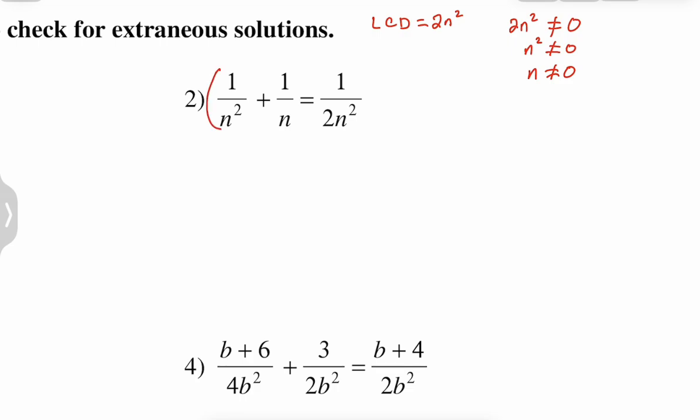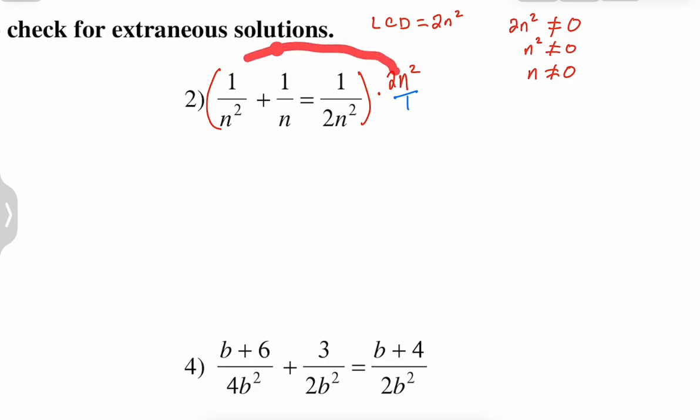All we're going to do is multiply every single one of these fractions by that least common denominator, 2n squared. To multiply a fraction times a non-fraction, if it helps you to put that thing over 1, to remind you that you're really multiplying the numerators by 2n squared, go ahead and do that.